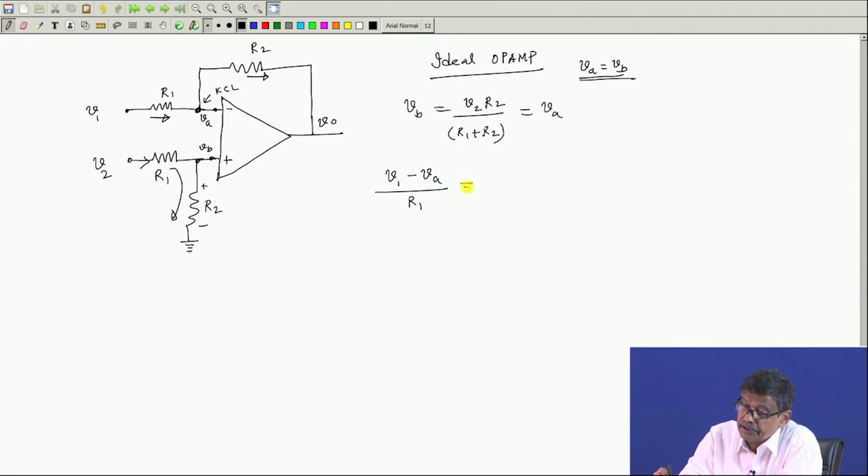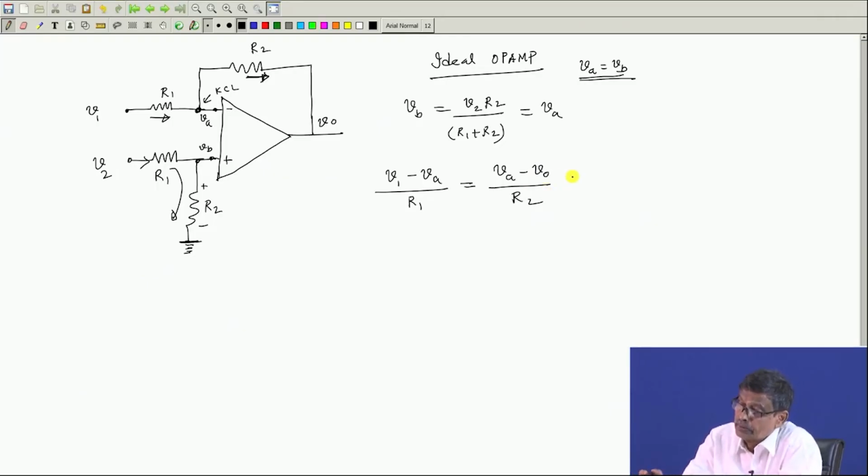This current will be VA minus V0 divided by R2. Look at these arrows I have given. So VA minus V0 I have to take before dividing by R2 to get this left to right current. Similarly, left to right current V1 minus VA, all potentials are with respect to this common ground point. So this will be the thing.